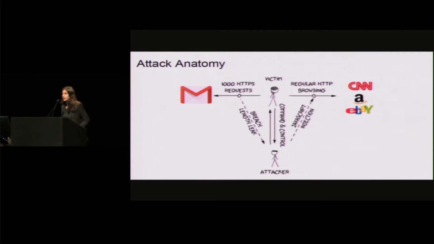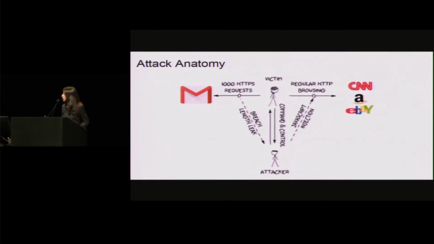And at some point the victim visits an HTTP website, such as CNN, Amazon. And because it's unauthenticated, the attacker can alter the response and inject some arbitrary JavaScript code. This code runs on the victim's machine, connects back to the attacker, and opens a command and control channel.